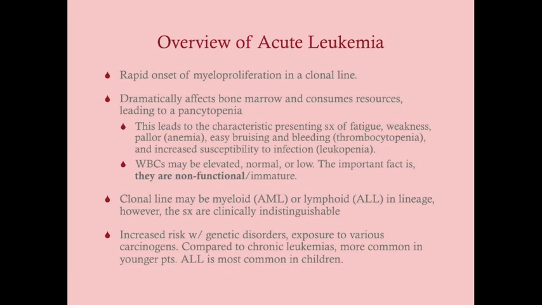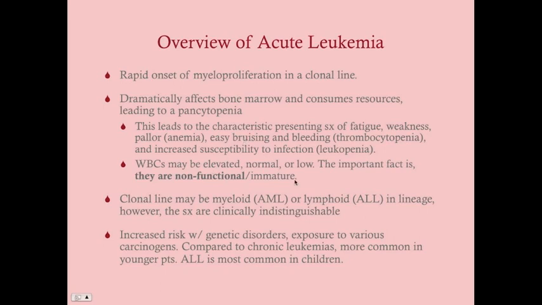But either way, you're going to have an increased susceptibility to infection. Why? Because the white blood cells that proliferate in acute leukemia are non-functional. They're immature. So even if you have a white blood cell count of 100, that's high, you're going to have an increased susceptibility to infection because the white blood cells created in acute leukemia are non-functional.